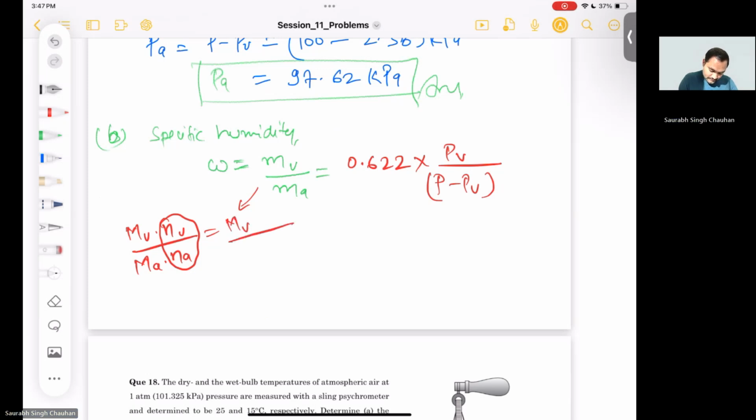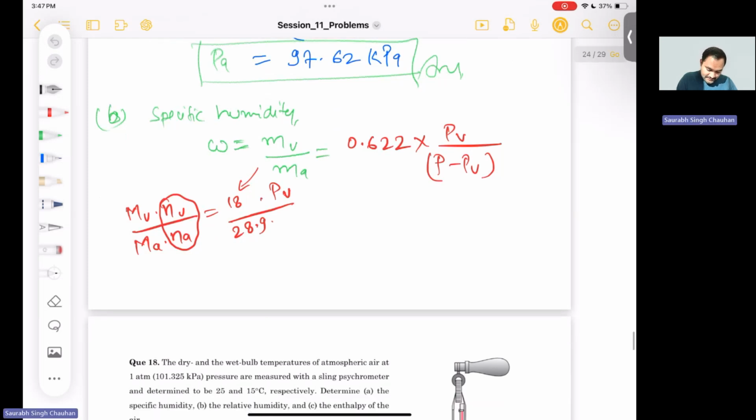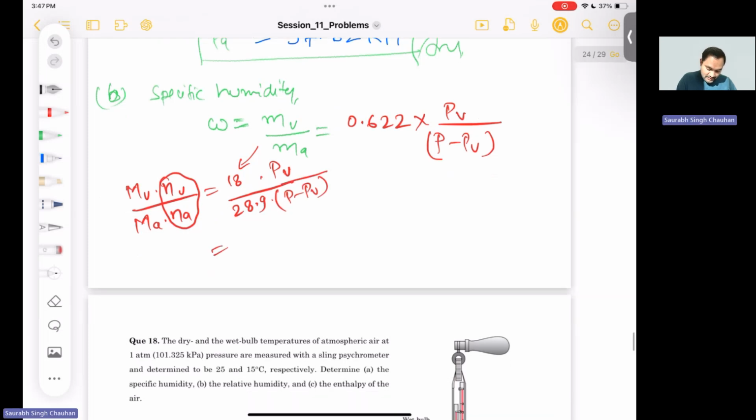Molar mass of water vapor is 18, and molar mass of dry air is 28.9 something. Partial pressure of water vapor is PV, and partial pressure of dry air will be total pressure minus partial pressure of water vapor. So it will come out to be 0.622 into PV divided by P minus PV. So this relation we are using.